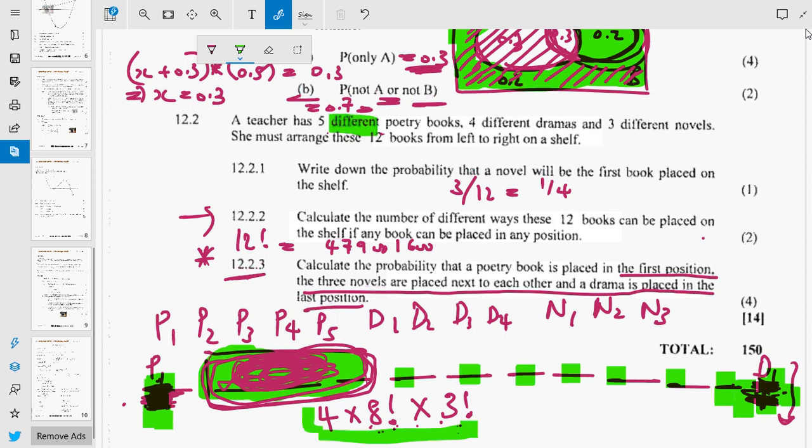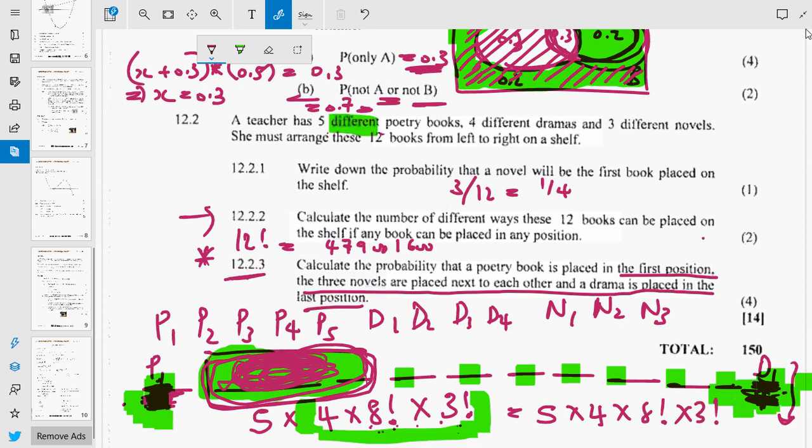This will happen for the third time. Then I can have P4 with drama 1, drama 2, drama 3, drama 4. That is going to happen for the fourth time. Because I have 5 poetry books, I'm going to do the same process with P5. So all in all, this must be multiplied by 5. In fact, I've got 5 times 4 times 8 factorial times 3 factorial.